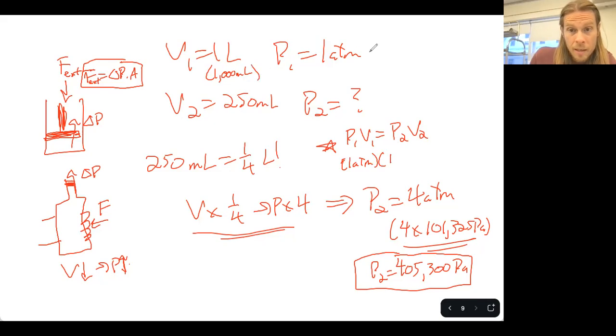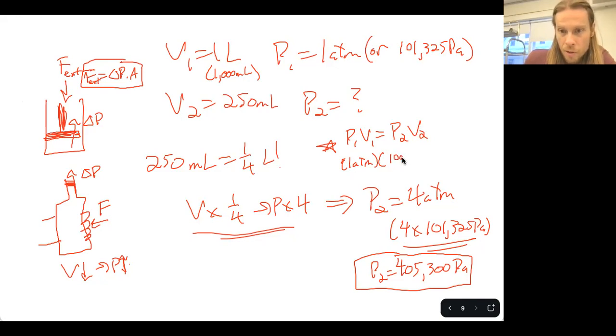Again, I can keep this in atm or use 101,325 Pa. I can do one or the other, because it's a ratio. I'm just going to use 1 because it's easier.